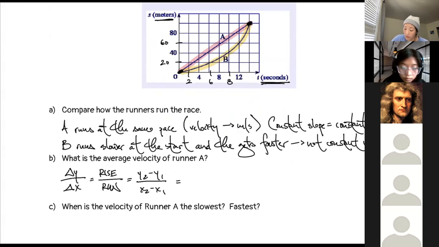Okay, and so let's find those points. And I think that if we choose this last point here, we're going to end up with 100. And the x value of that point is 14. But since we start at the 0, we get 0 and 0. Yeah.